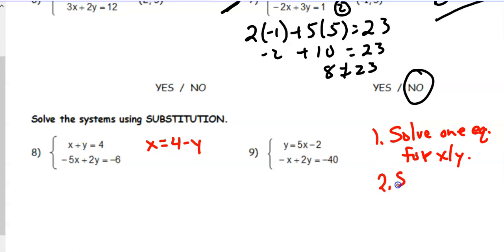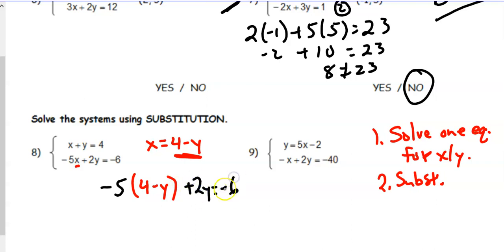Now we're going to substitute. There's where the name comes from. I am simply going to plug in 4 minus y in for this x right here. So I'm going to have negative 5, and in parentheses, instead of writing x, I'm writing 4 minus y. And then we solve.